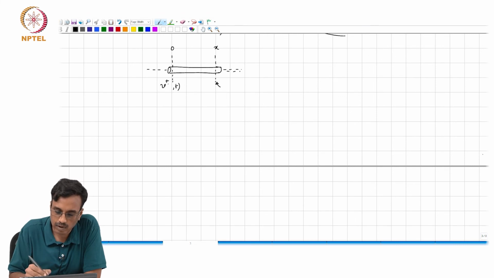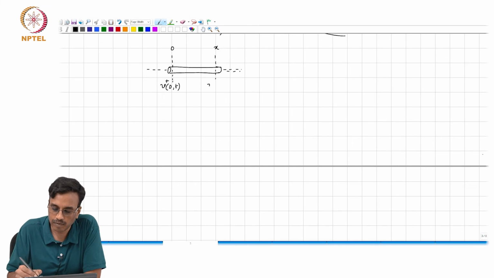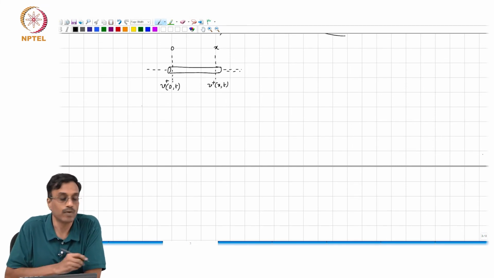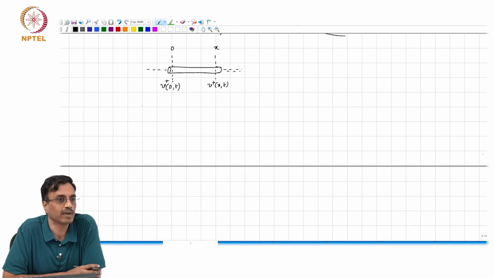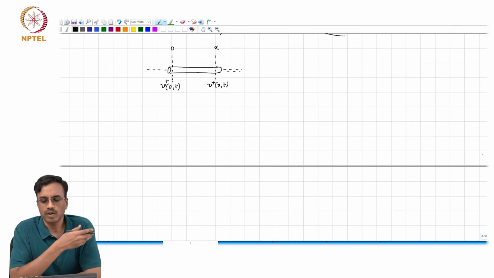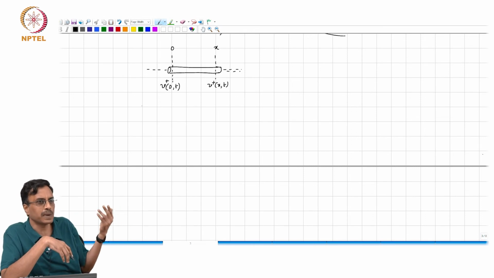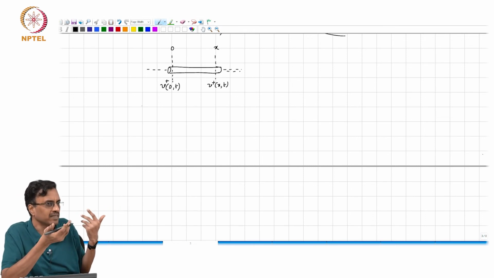Sorry, this is V of 0 comma t, and this is V plus of x comma t. How is V plus of x comma t related to V plus of 0 comma t? Exactly. Remember, this forward going wave is traveling in the positive x direction with a speed c.